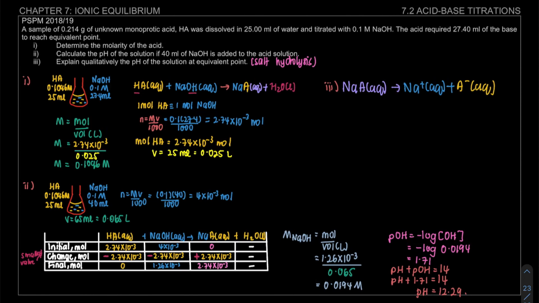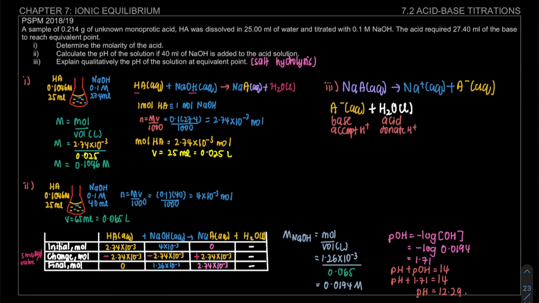So, A minus, we want to react with what? A minus, we will react it with water, H2O, liquid. Okay. So, what happened here? A minus is actually our base. So, it accepts H plus. H2O is the acid. It donates H plus.